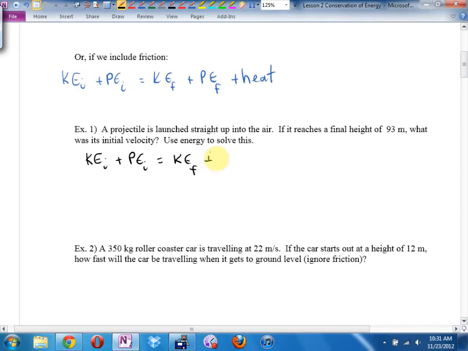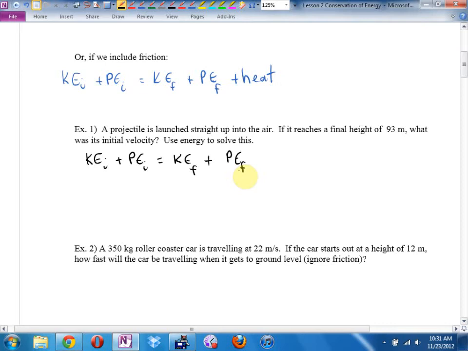Come on, plus sign. We could then say, are any of these 0? Is our initial amount of kinetic energy, our initial speed, 0? Nope.